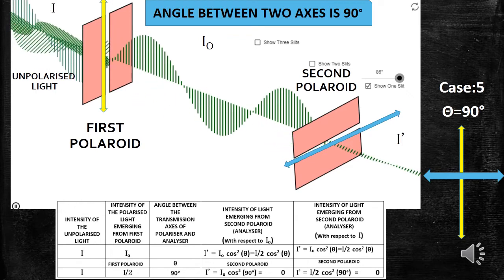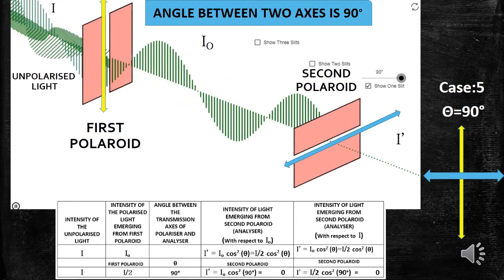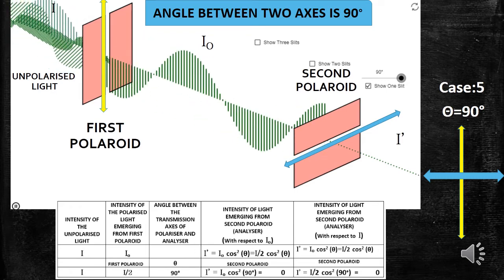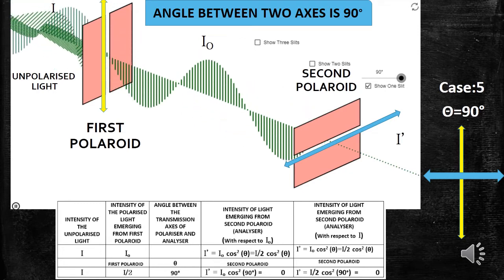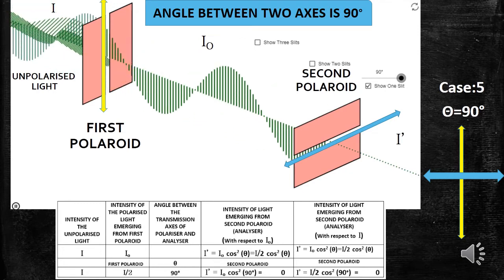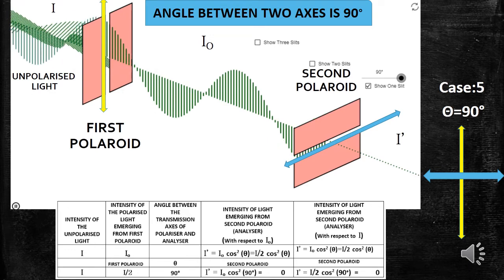You just observe, no light comes out. No light comes out through the second Polaroid. The intensity of the light which emerges out from the second Polaroid is completely zero. You are not able to observe any light.